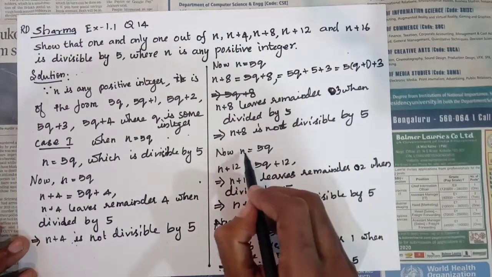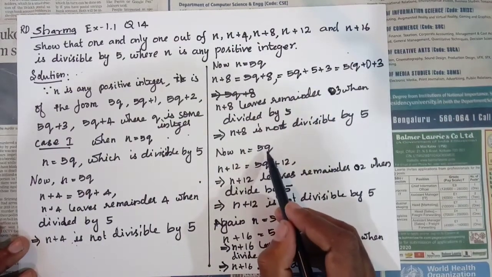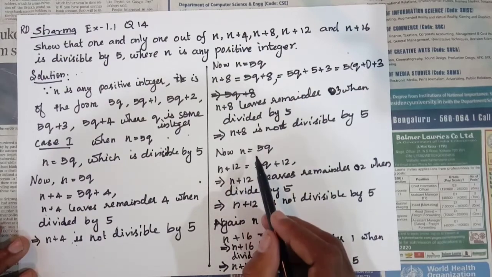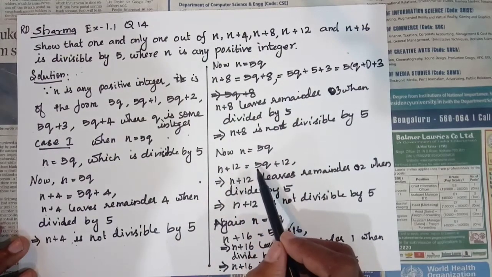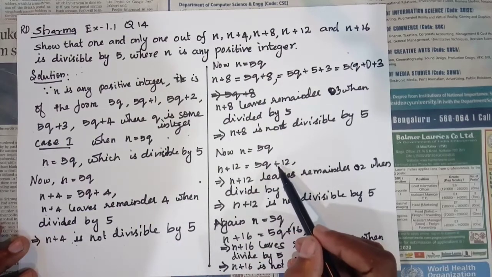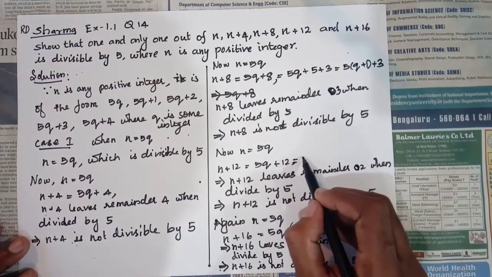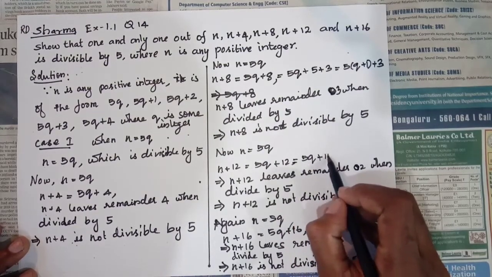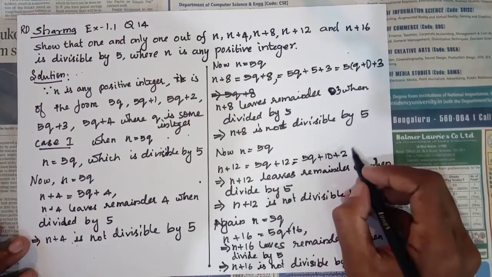Now again, we take it for n plus 12. N is equal to 5q. We substitute the value of n here: 5q plus 12. We can write this again as 5q plus 10 plus 2, because 10 is divisible by 5.